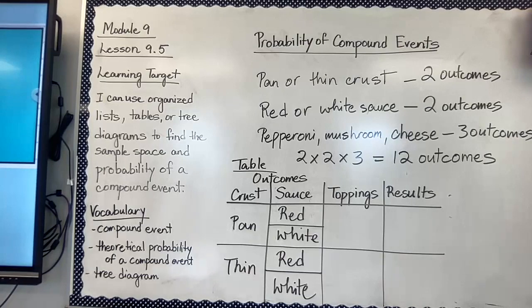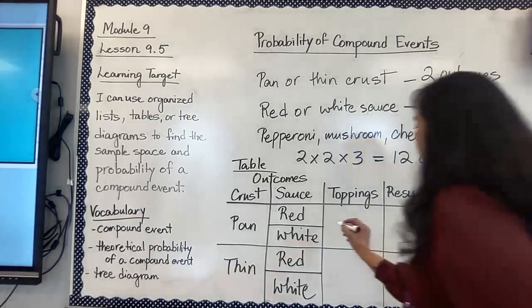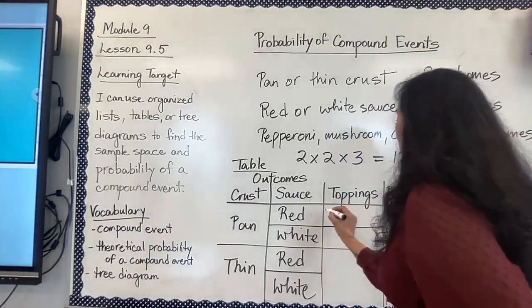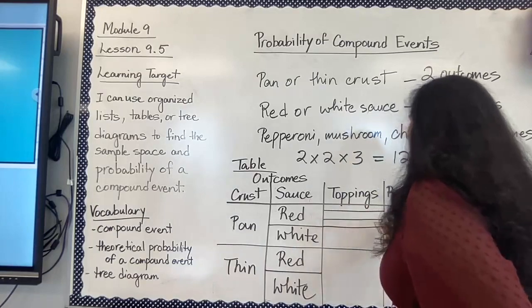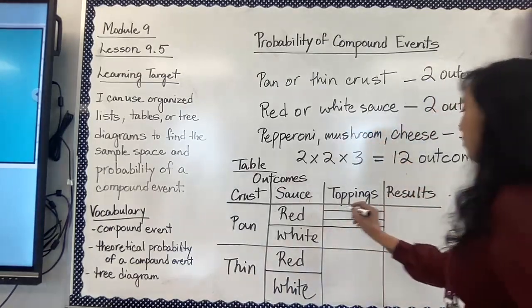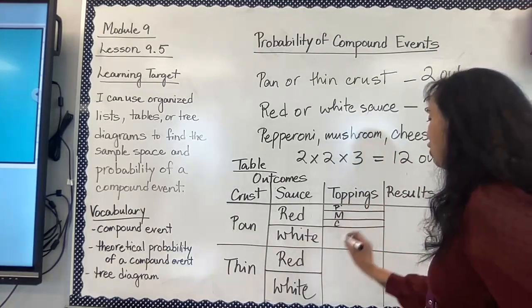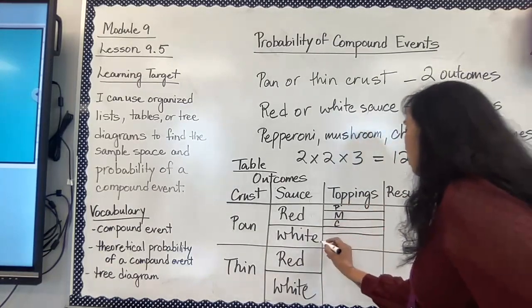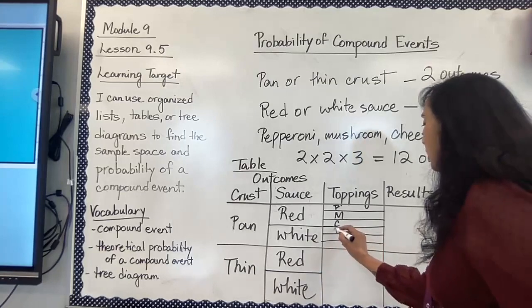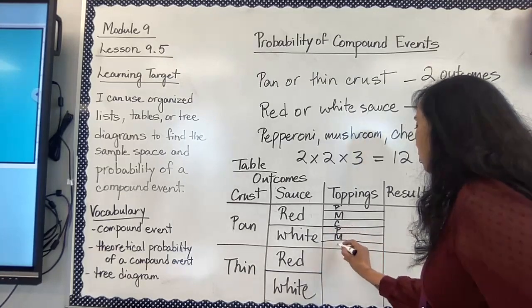Okay, so for the red, what are my 3 options over here? I have pepperoni, mushroom, or cheese. Same thing here. I can do white sauce with either pepperoni or mushroom or cheese.